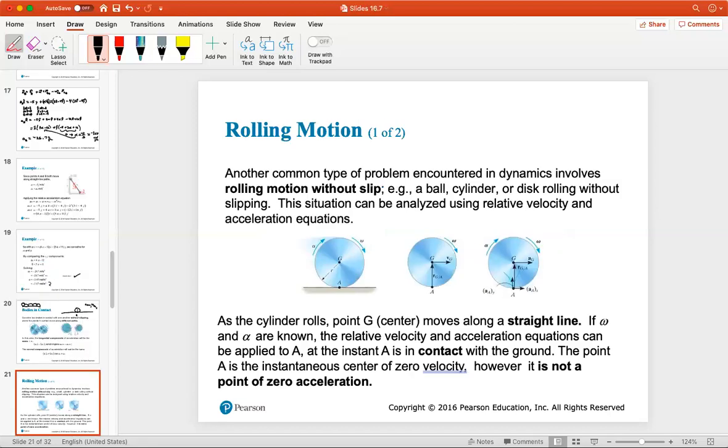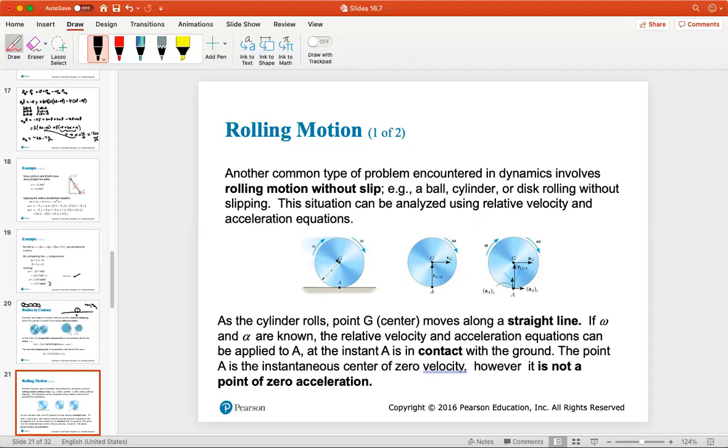Okay, here we have objects rolling without slipping. It's a nice point. When you have something that rolls without slipping, what you can do is say that point A here at the bottom is the instantaneous center of motion.